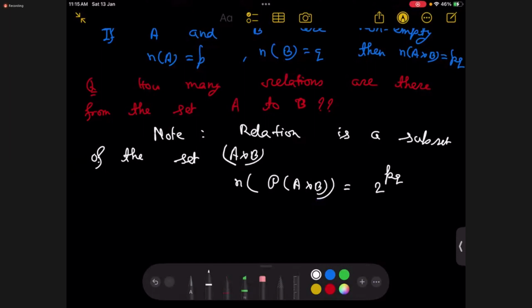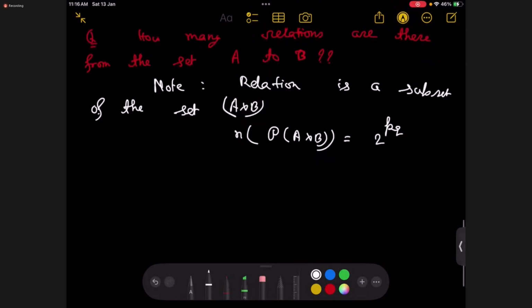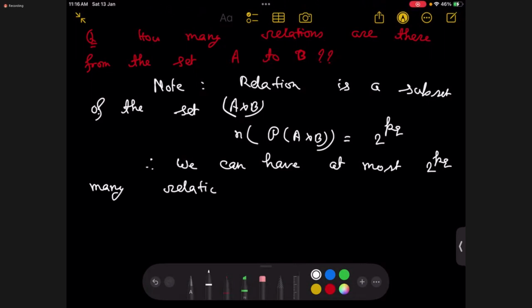And a relation is nothing but an element of the power set, right? Because a relation is a subset. So how many relations can we have? That is nothing but the cardinality of the power set. Therefore, we can have at most 2 to the power PQ relations. Okay.